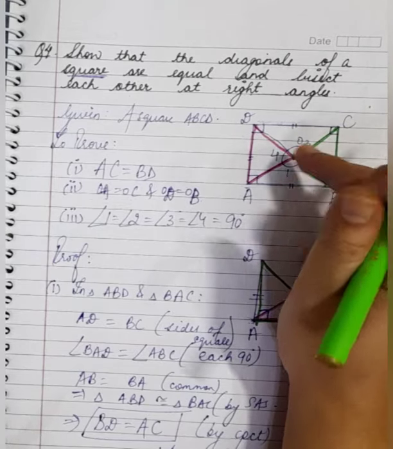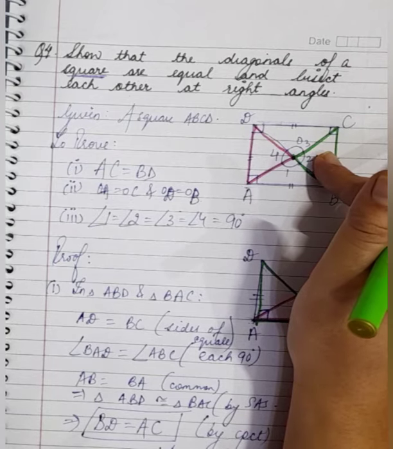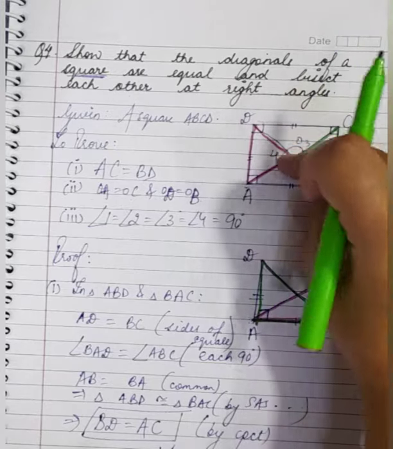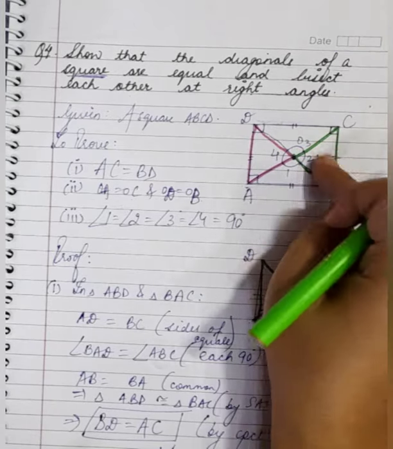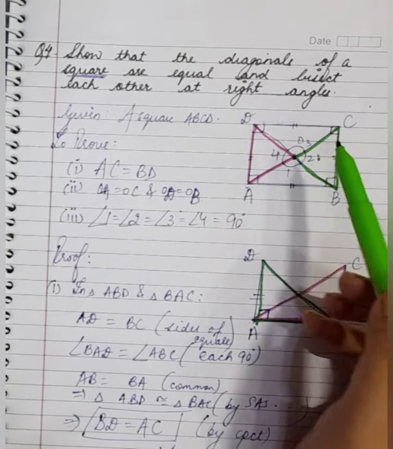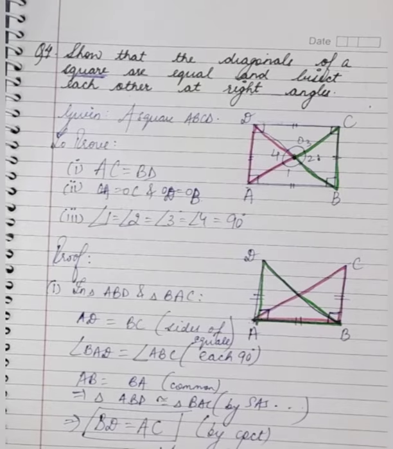So once you prove these pink and green triangles congruent by CPCT, we can write OA is equal to OC and OD is equal to OB. So it's very easy to prove these two triangles congruent. Let's see how. Okay, I'll draw the diagram again.